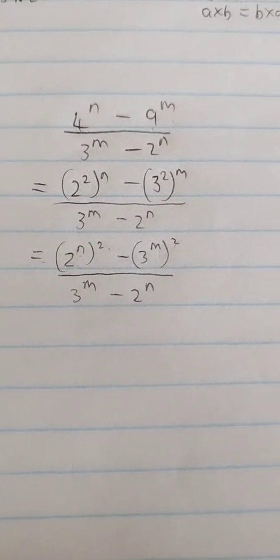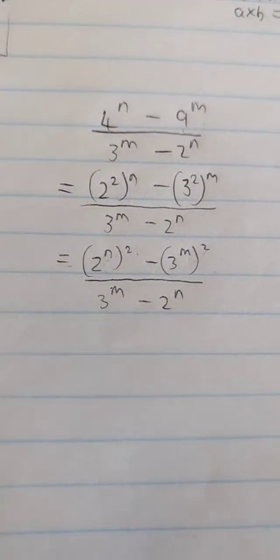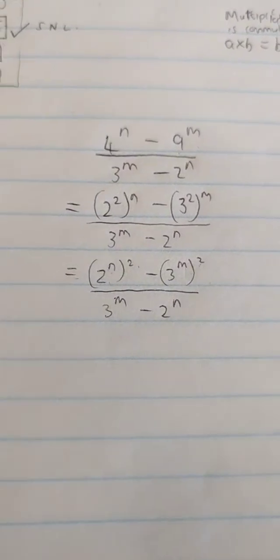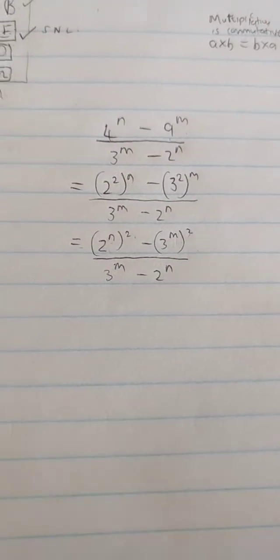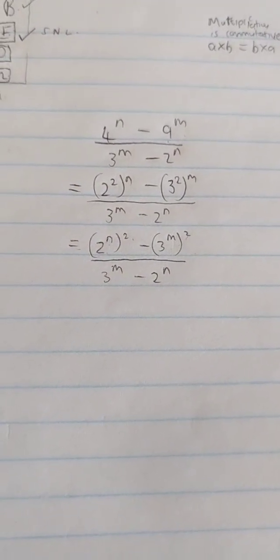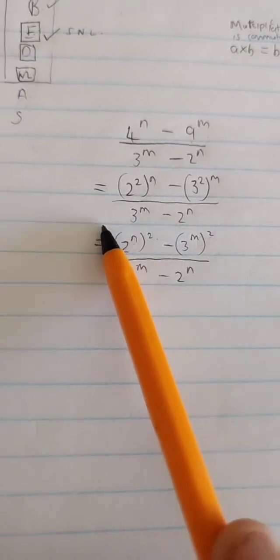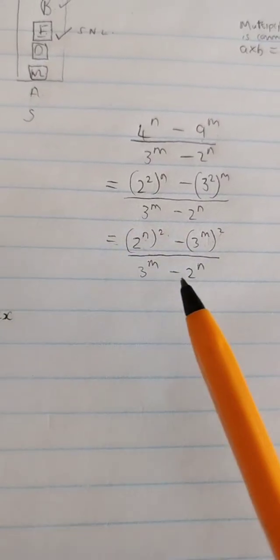Now, some of you are going to be like, what does this guy mean by the sign change rule? Is it necessary to apply the sign change rule? Do we know what the sign change rule is? When you are going to apply the sign change rule, you must look at the situation not only here at home at the top, you must look at the situation at the bottom.